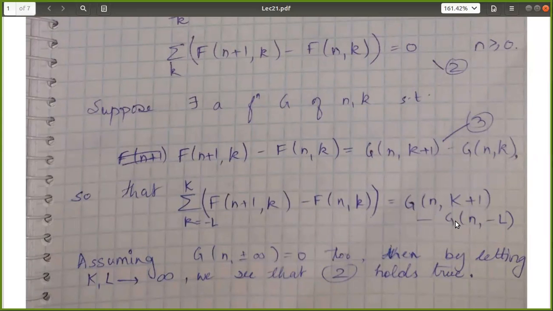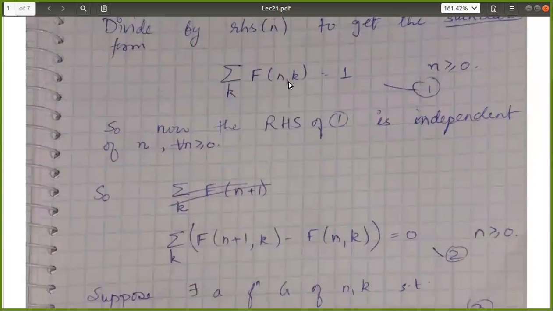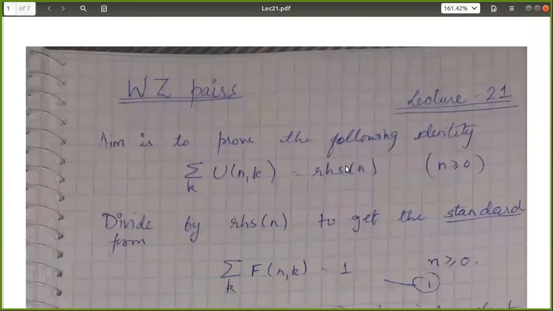So they individually being 0, this entire thing is also 0, which means you would have proved this, which then means that you would have proved the original identity which you started with. So far with me?